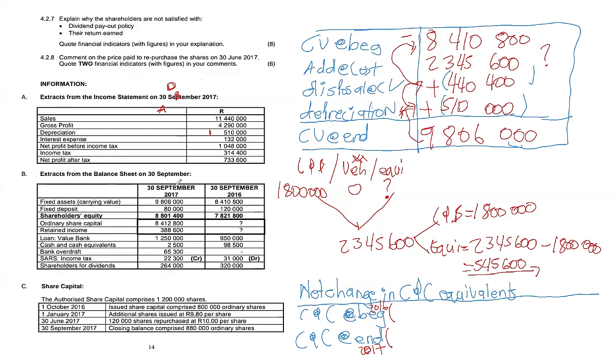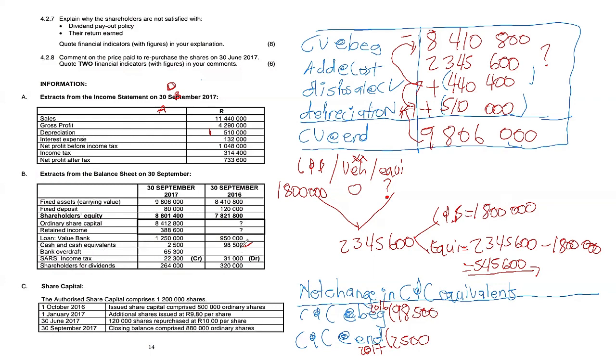So now, again, on your balance sheet, cash and cash equivalents at the beginning, 2016, it was 98,500. So you would put 98,500 here, and 2017, it's 2,500. Right. Thereafter, you check your bank overdraft.